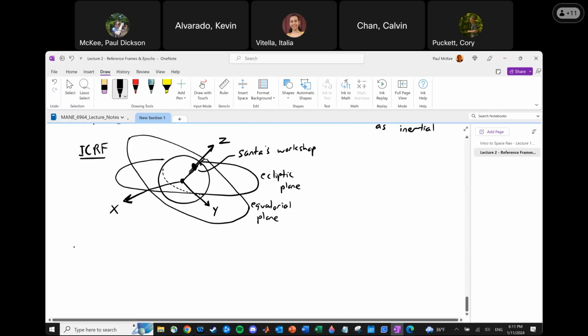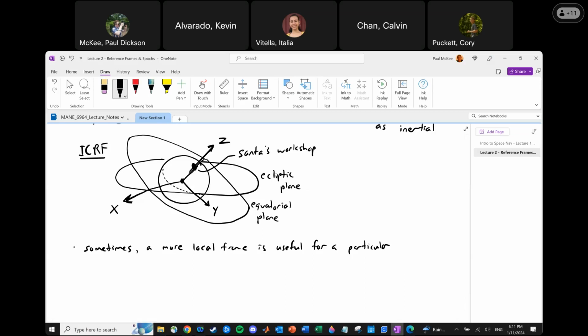Oh, all right. Sometimes a more local frame is useful for a particular application.